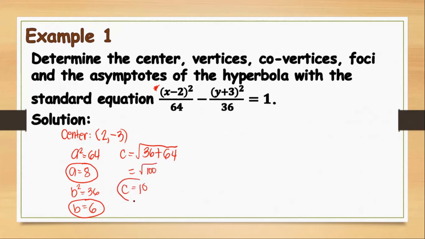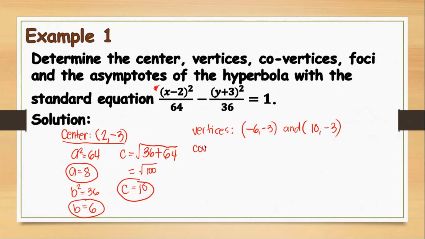So our c is equal to 10. This time, it is easy for us to find the vertices. We'll have a change in x. 2 minus 8, we get (-6, -3), and 2 plus 8 is (10, -3). So there is only a change in x.